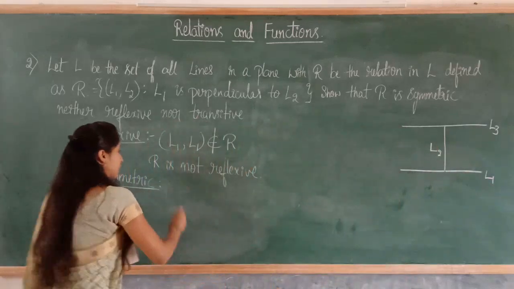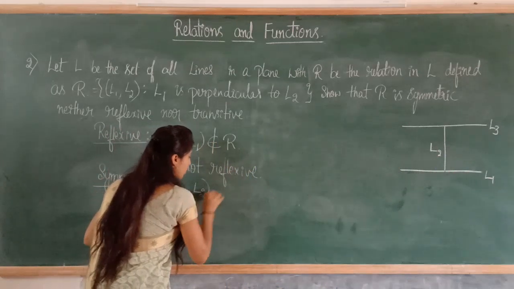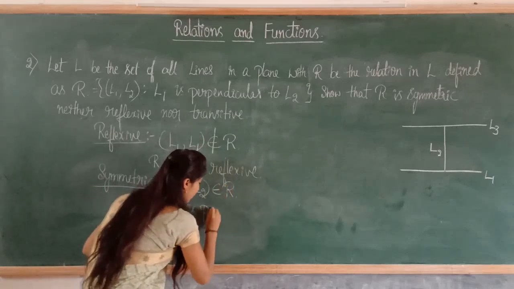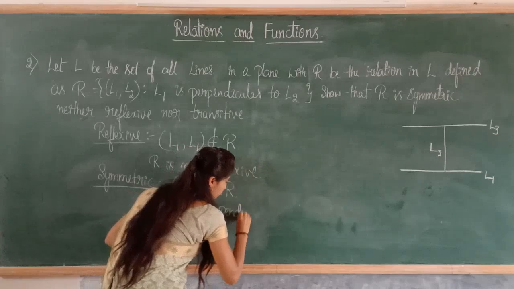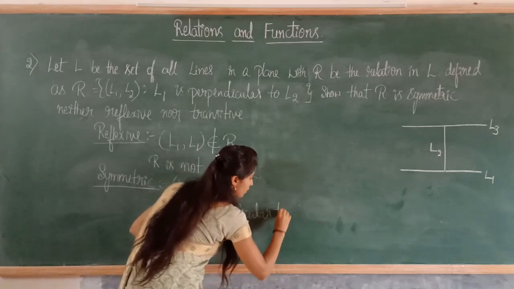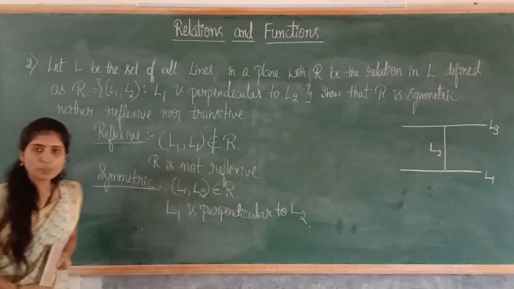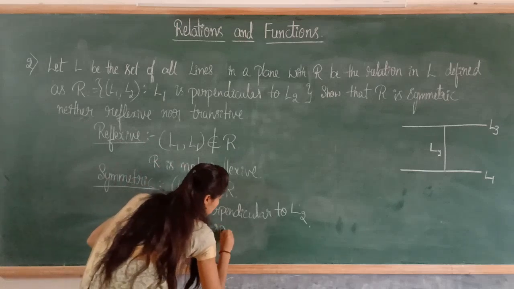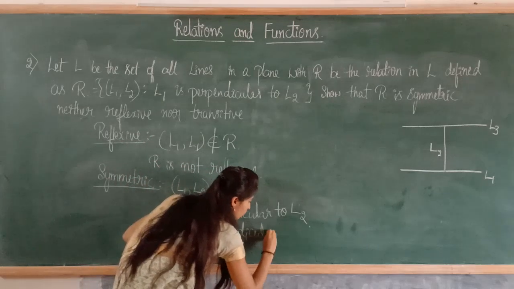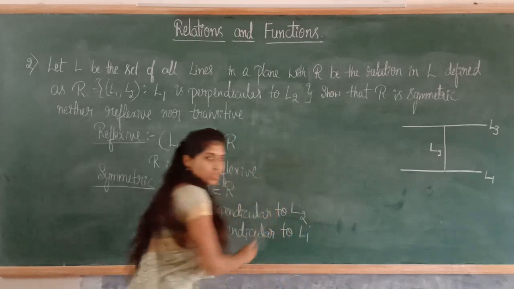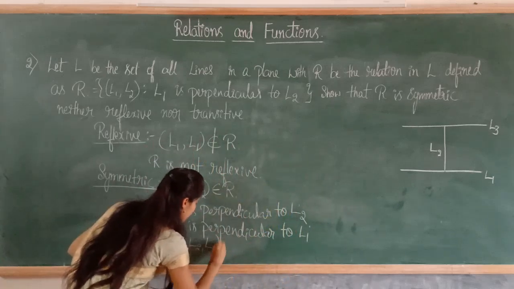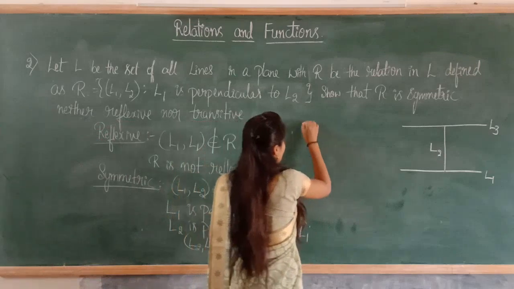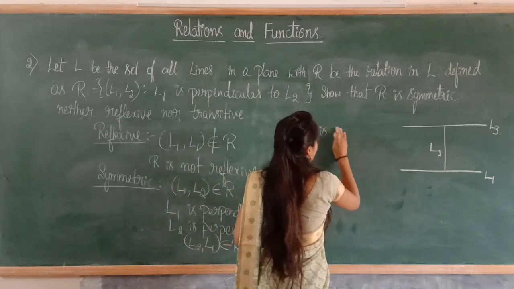So (L1, L2) belongs to R, and L2 is perpendicular to L1, so (L2, L1) belongs to R. So the given relation R is symmetric.